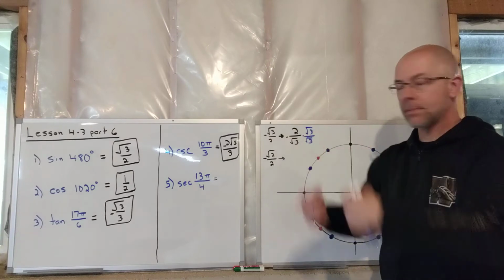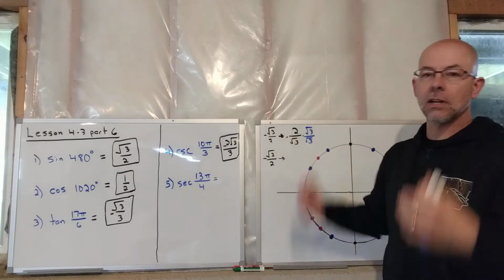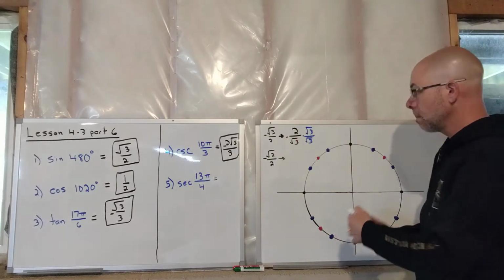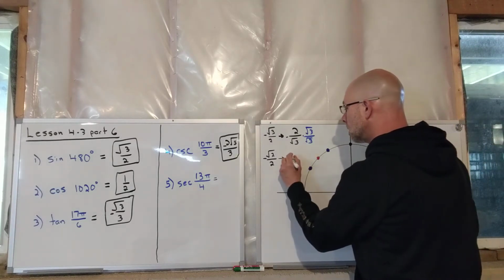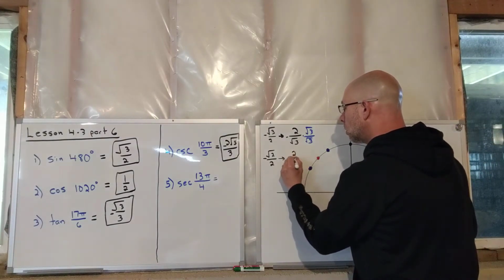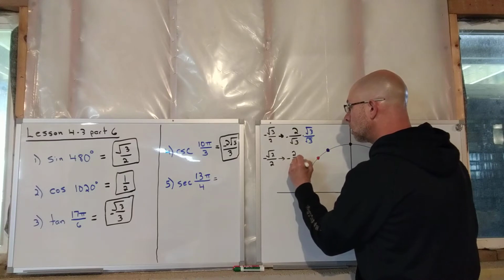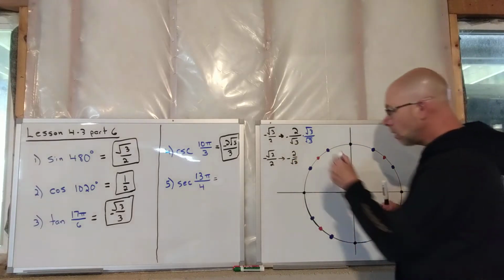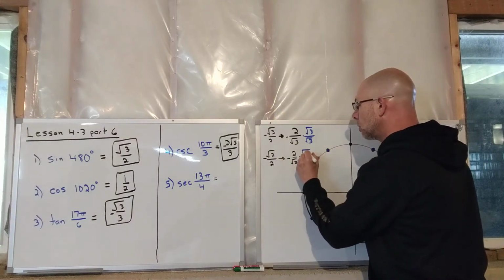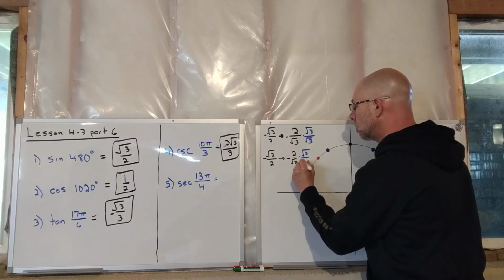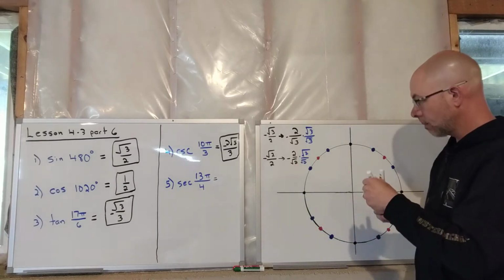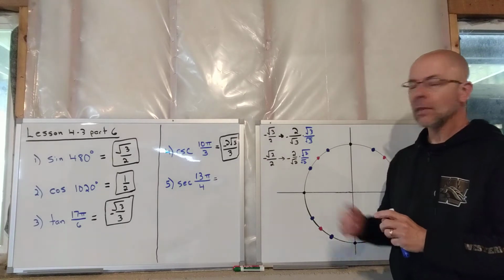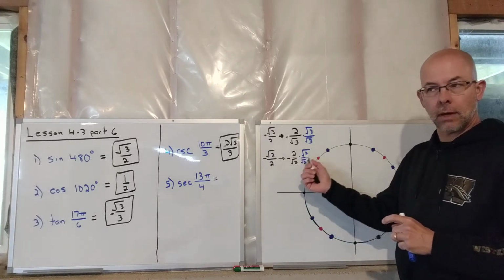Secant needs to be flipped. And it's going to be the same thing here. It's going to flip and need to be fixed. So I flip it to negative 2 over square root 2. I will multiply it by square root 2 over square root 2. I'm going to actually do this one because I don't know if we've done this one.